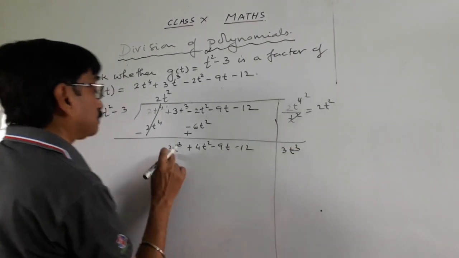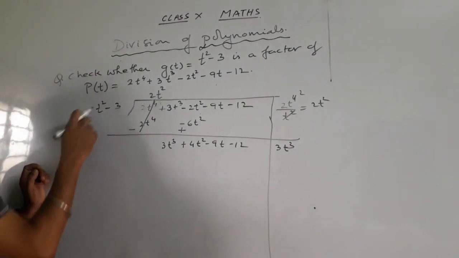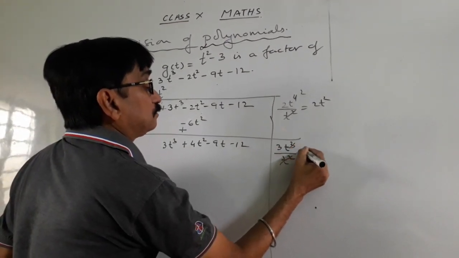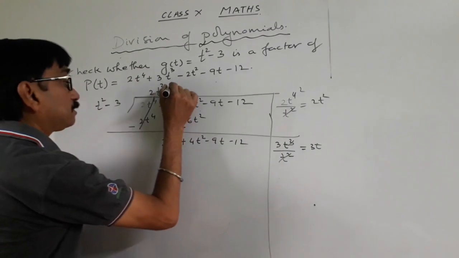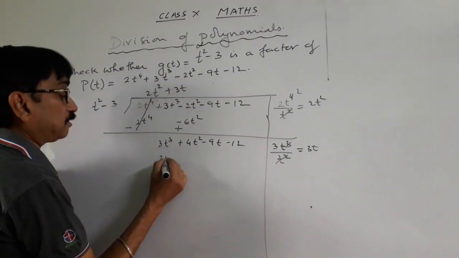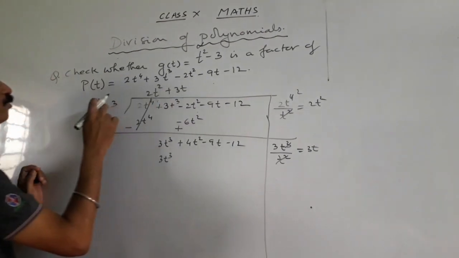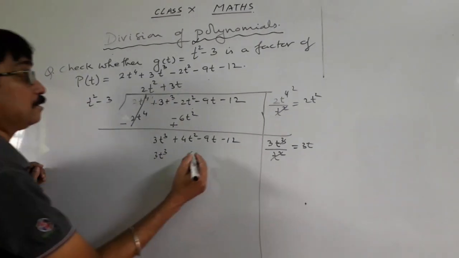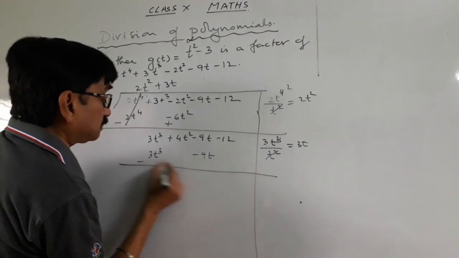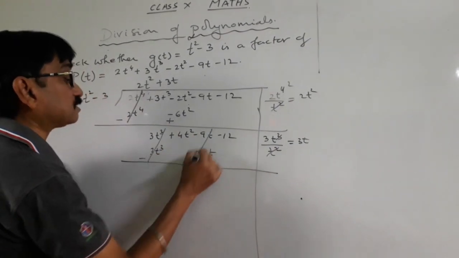Now the first term 3t cube, divided by t square, becomes 3t. So the second term will become plus 3t, 3t into t square, 3t cube, 3t into minus 3, that will become minus 9t. So minus plus, this cancels out.